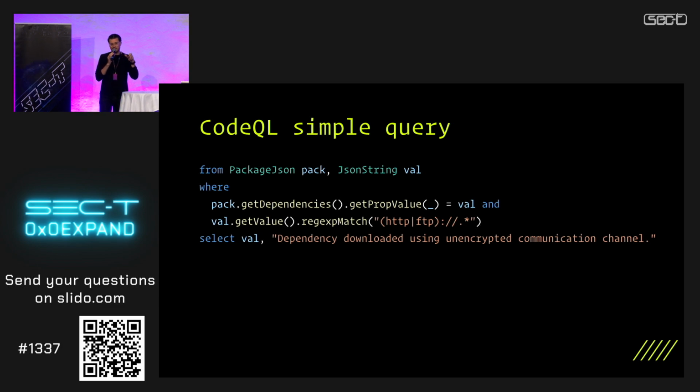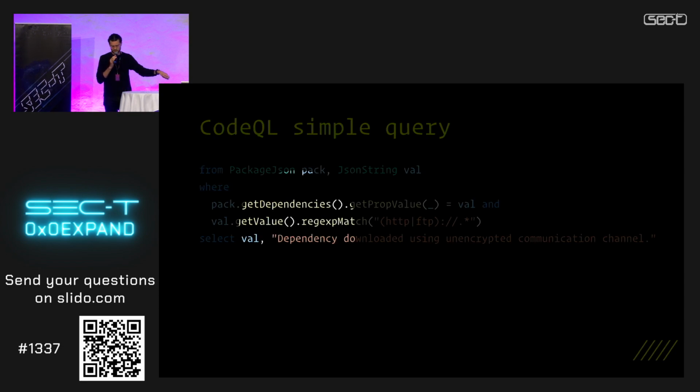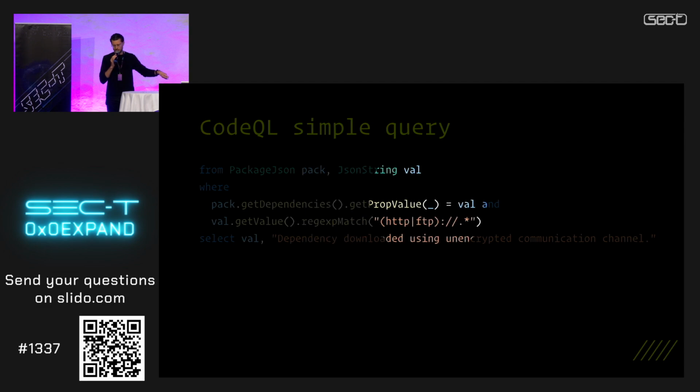After that, you can add some restrictions. For example, you want to filter these packages and store some data in another variable of string type. You write a where part, and it looks intuitively like code.